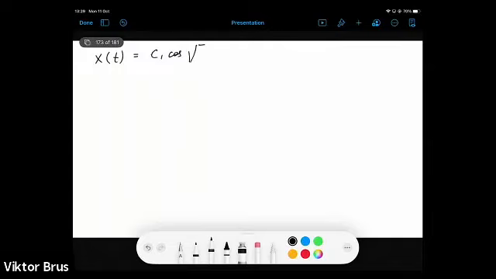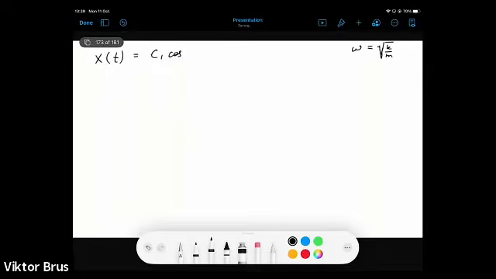Another thing that is good to do in order to make our life a bit easier: let's make the substitution that omega is equal to the square root of k divided by m.